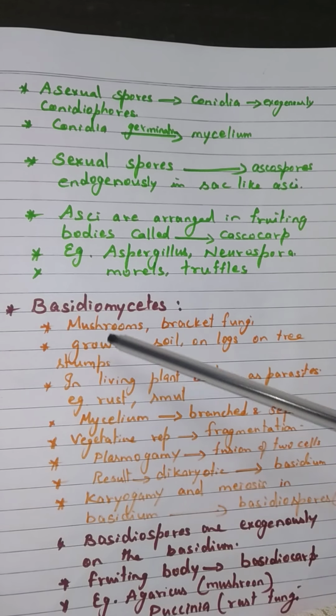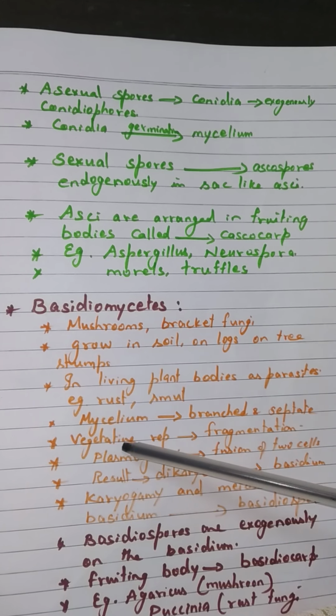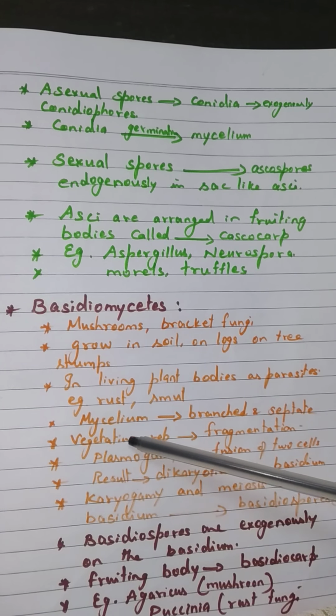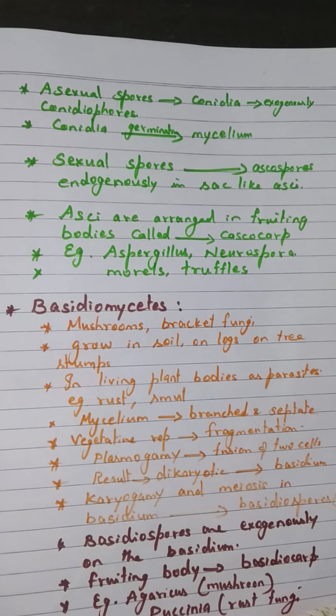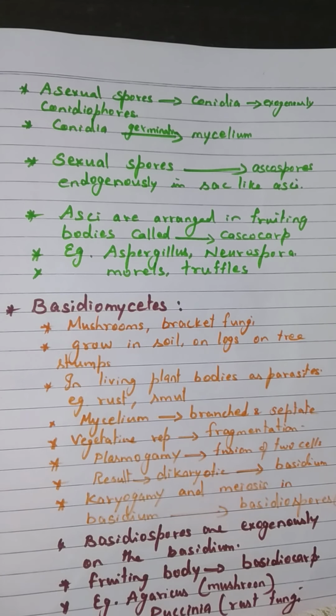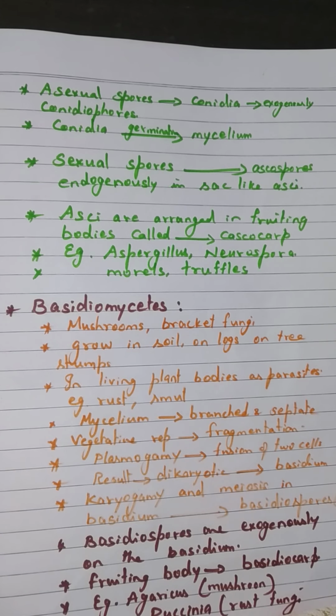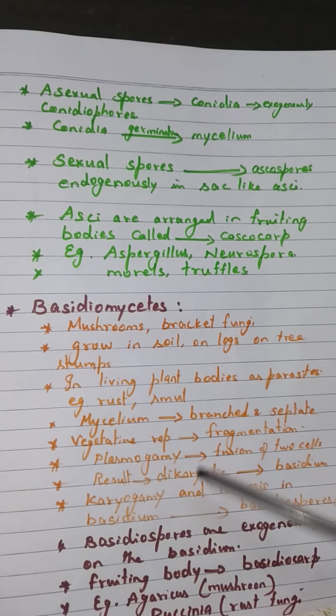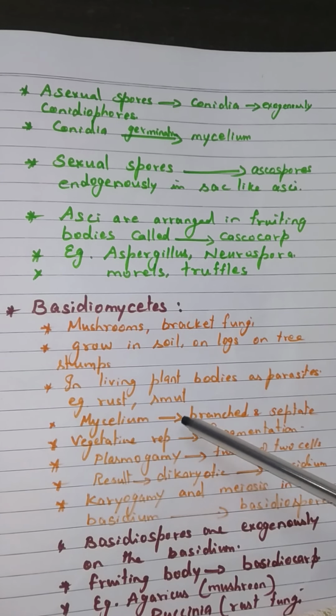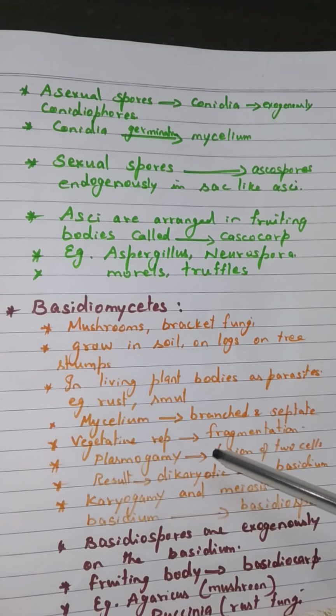Here in Basidiomycetes, the mycelium is branched and septate. Asexual spores are generally not found, but vegetative reproduction by fragmentation is common.